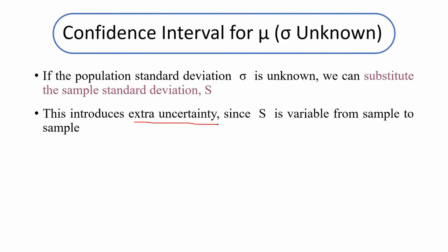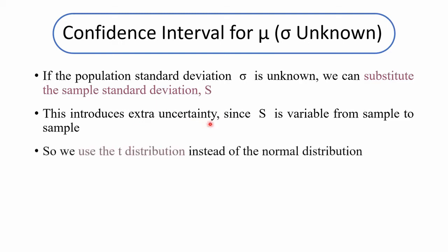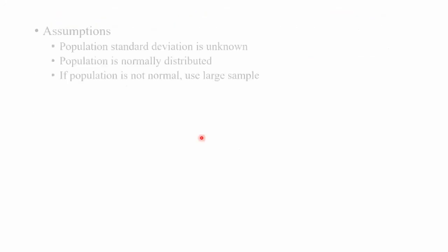But your third and fourth might be the same. So you don't know, it varies. That is why it introduces extra uncertainty. Therefore, in that case, we use the t distribution instead of the normal distribution.